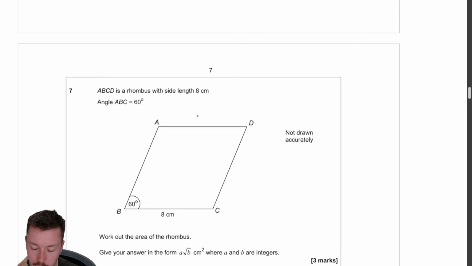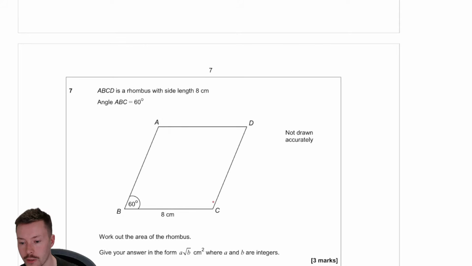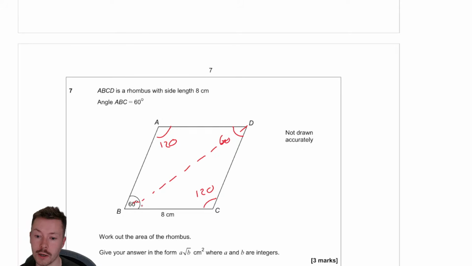Here, work out the area of the rhombus. Rhombus, parallel lines. So this 120, this 60, 120. You're going to split it in half. And you're going to use angle ABC is 60, so that would be 30, 120, 30.